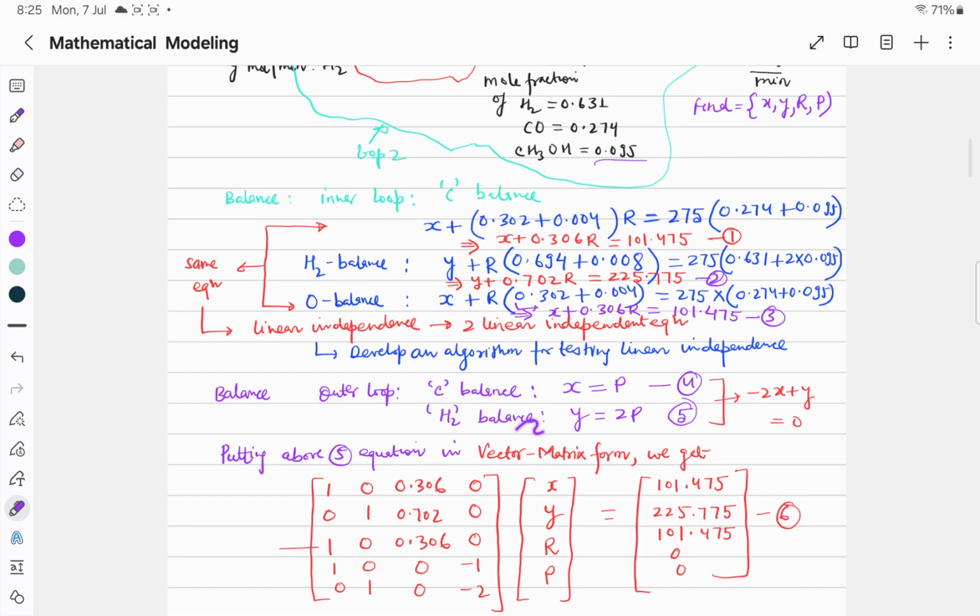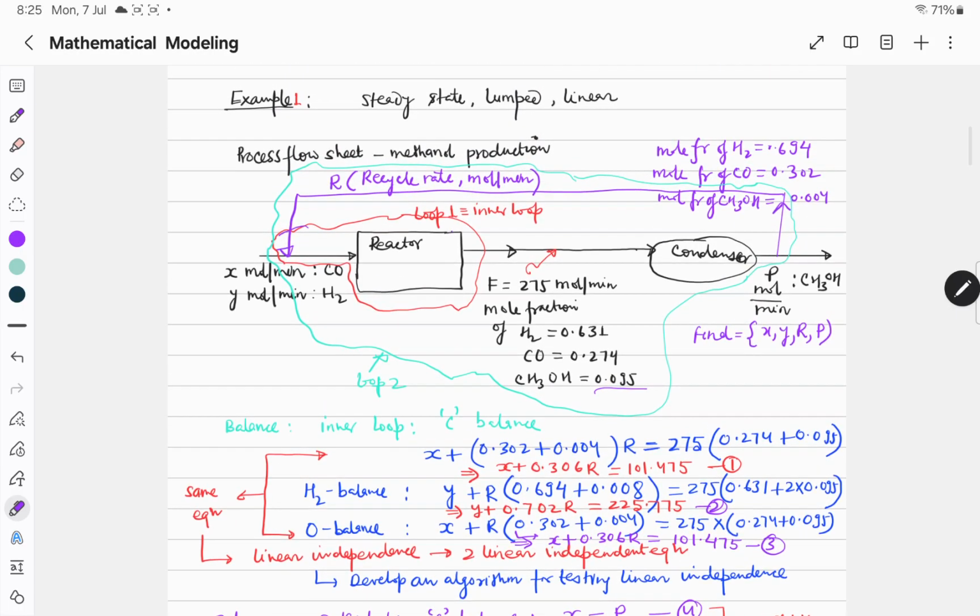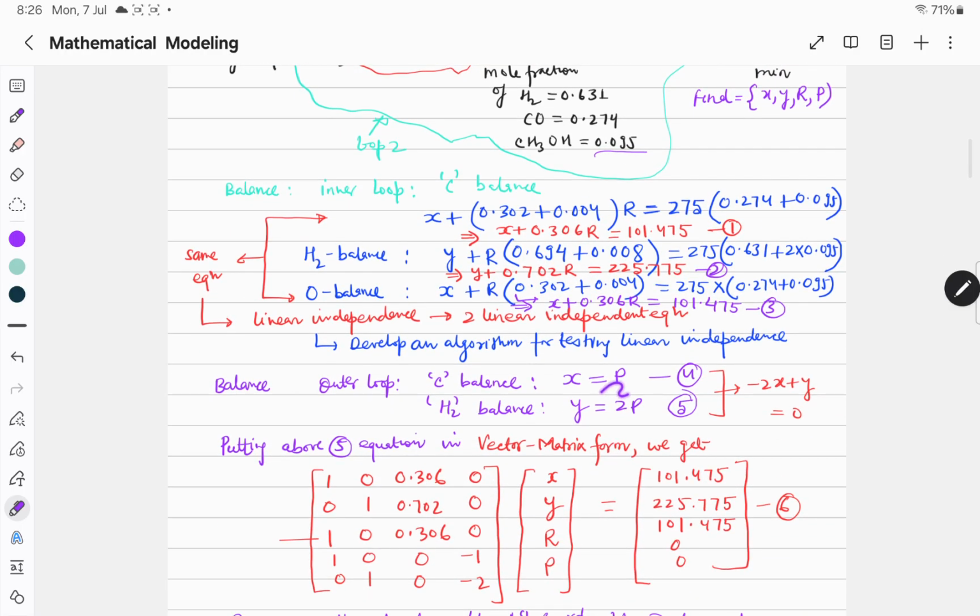Now for the outer loop, similarly, if you apply the C balance, this outer loop, the green color, you see, then C is coming from CH3OH, so x is equal to P. And for H, this is H2, so y is equal to 2P, because CH3OH has 2 moles of H2. So you get 2 more equations.